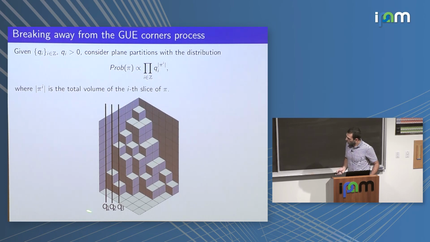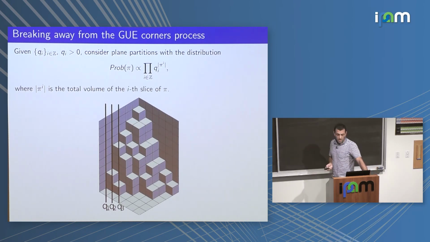So the weights of the boxes on the first slice are going to be q_1. The weights of the boxes on the second slice are going to be q_2, and so on, q_3. So you can have this sequence of weights, q_1, q_2, q_3, and so on. And the probability of a configuration is again going to be the product of all the weights associated to all the boxes.